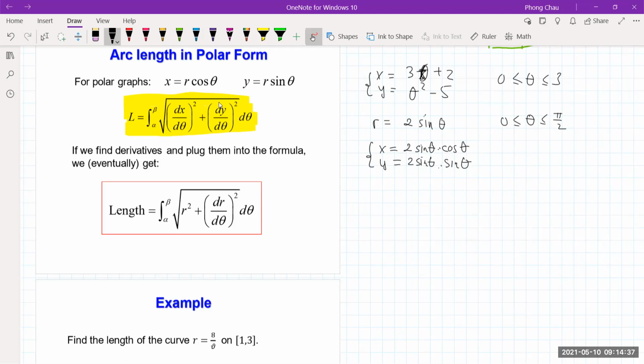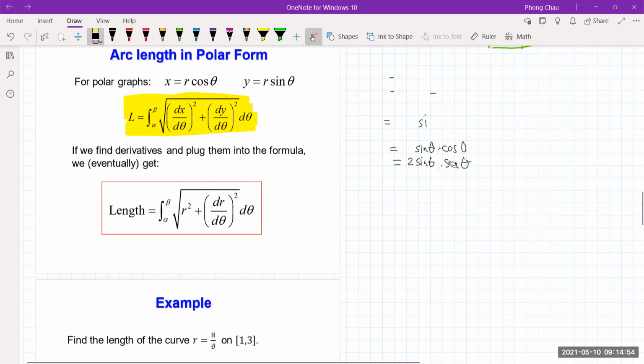I'm not going to do this in a particular example like this. Instead, we'll say x is r cosine theta, y is r sine theta, and we can go ahead and do this in general.